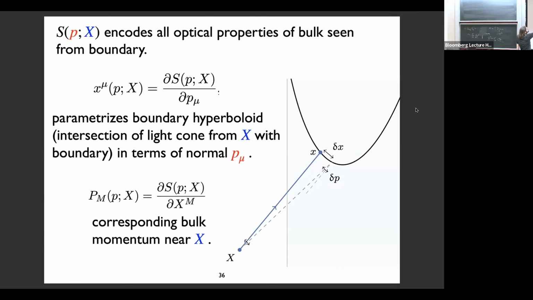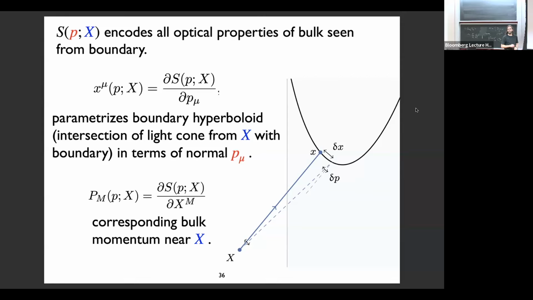If you take its derivative with respect to P, it gives you the position on the boundary that you hit. So, sorry, the derivative of the action with respect to P is X. By taking a derivative of this function, you trace this whole curve. You vary the boundary P, and you trace this whole curve. So the whole shape of this future light cone is contained in this function.